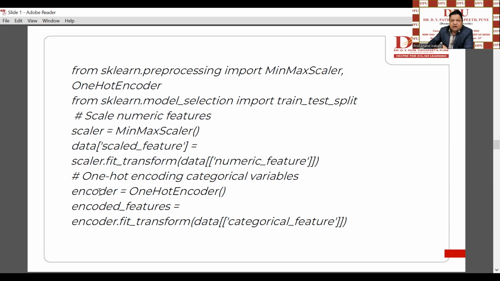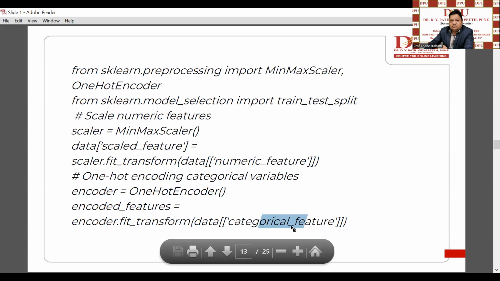After that, I'm converting the categorical values into numerical values by using the one-hot encoder. First, we need to create the object of the one-hot encoder. Now I have got the object of the one-hot encoder, that is encoder. Now I can convert the categorical features into numeric ones.